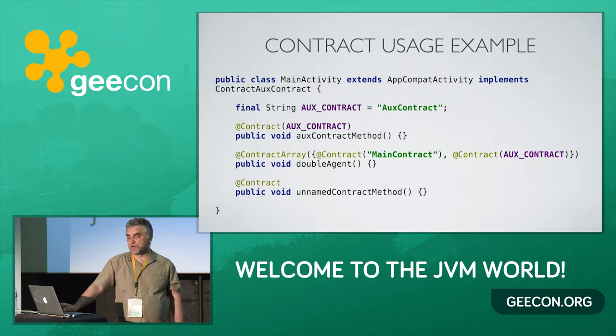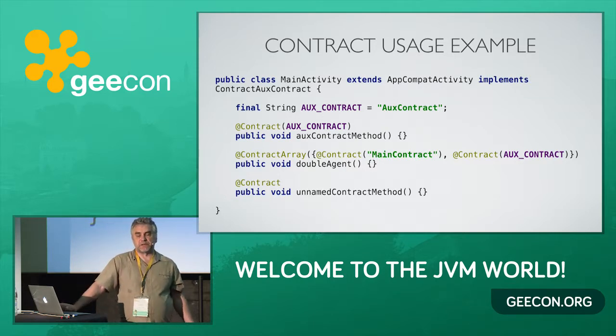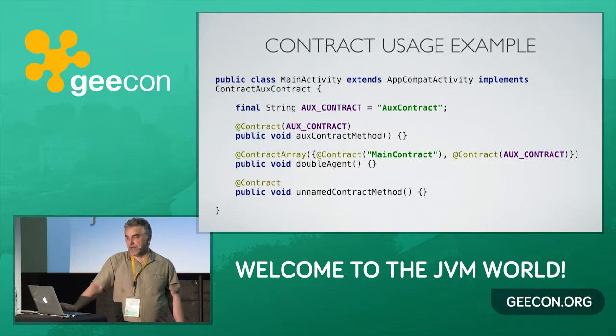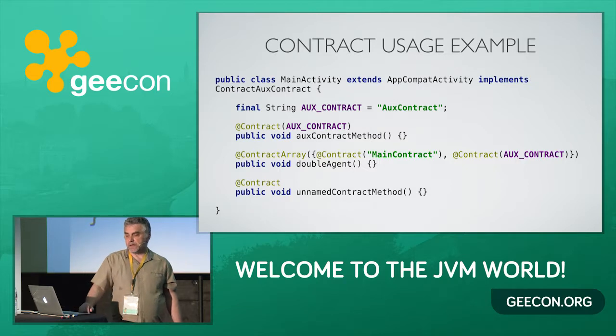You can do even more crazy stuff with that. You don't really have to put there a string literal all the time. You can also define a constant string, which you pass as a value. On the second method called doubleAgent, you see that your method can actually be part of two interfaces or two contracts if you have that, and it's correctly handled.